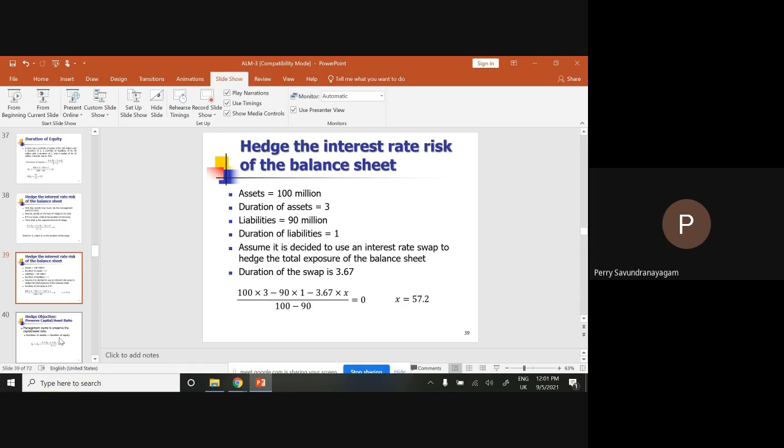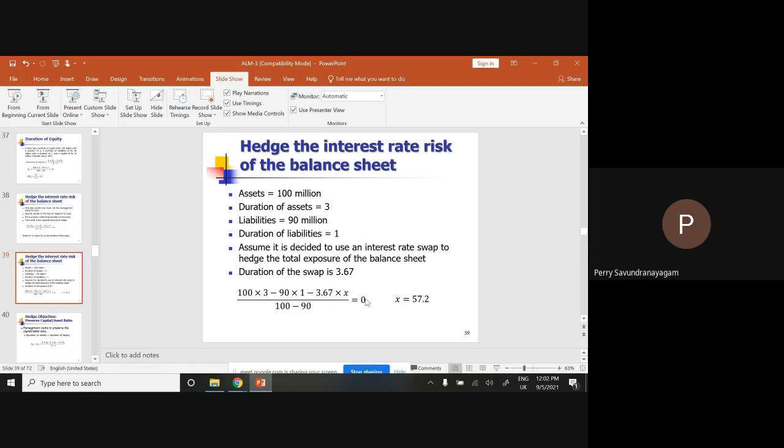Look at it this way. You've created various assets, you've created various liabilities, right? You have average duration based on your assets of 100 million, your liabilities of 90 million, your duration of your assets of 3, and your base duration of your liabilities of 1.